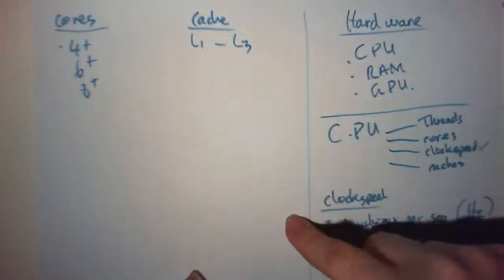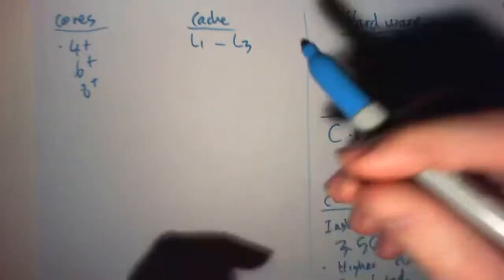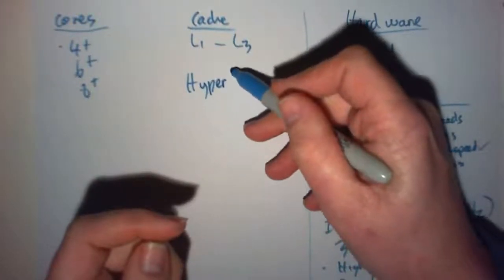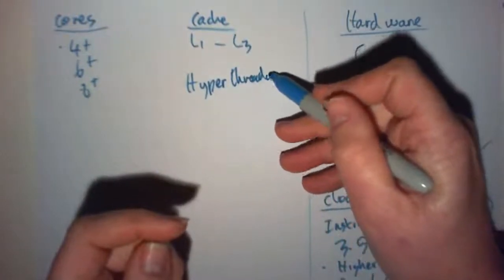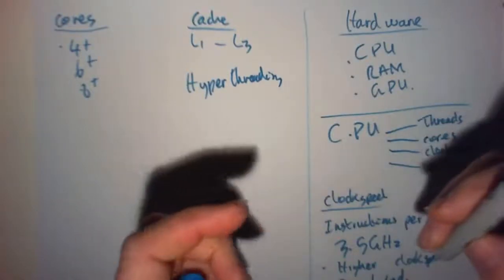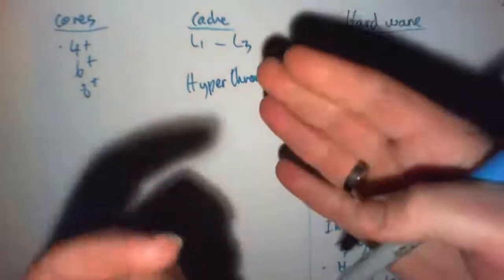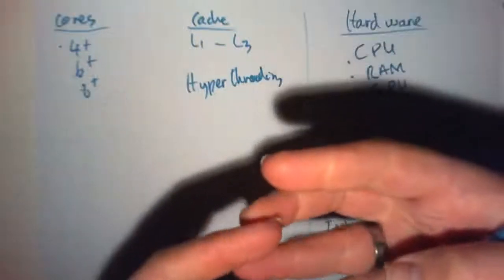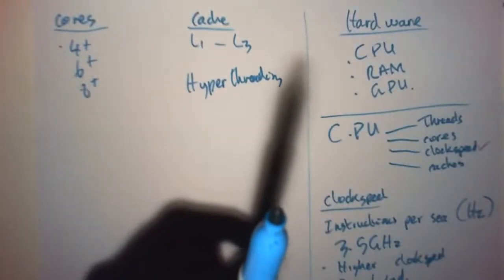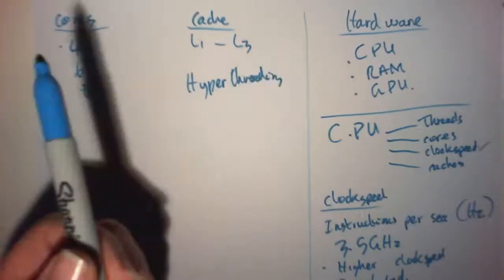That's one whole thread. But Intel have the ability to do what's called hyper-threading. It's an unusual concept. It's where they can simultaneously multi-thread the technology, and it does give you a distinct advantage.